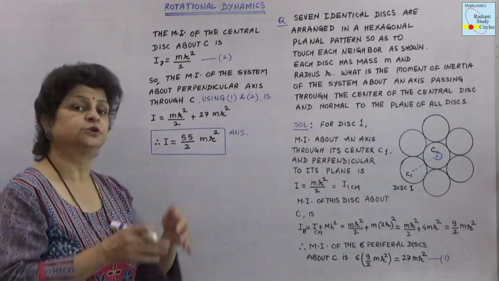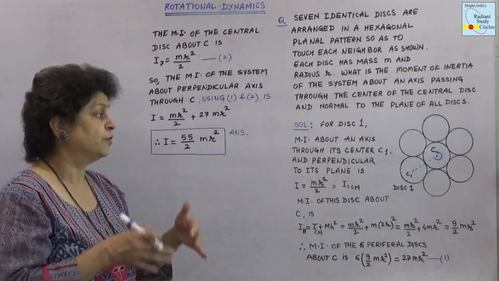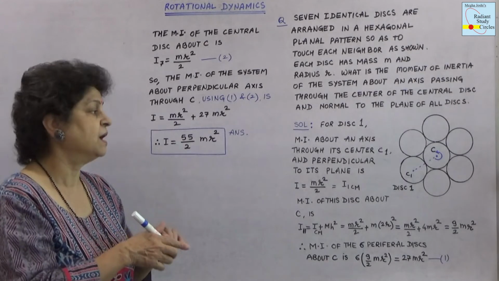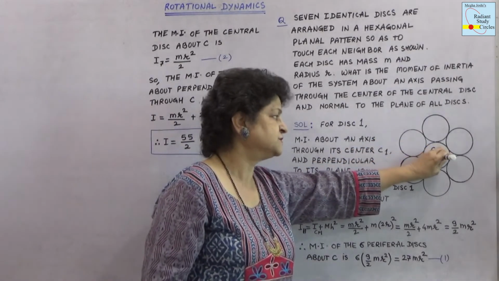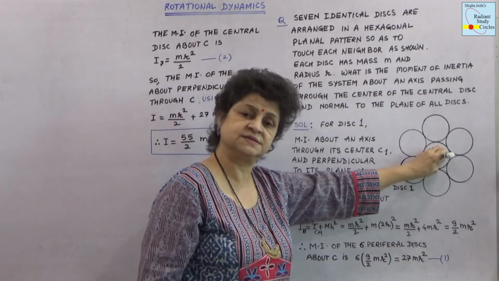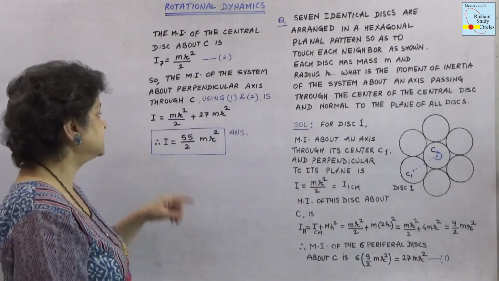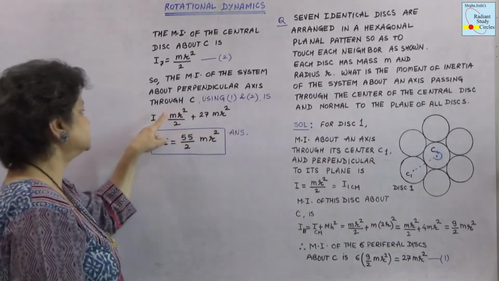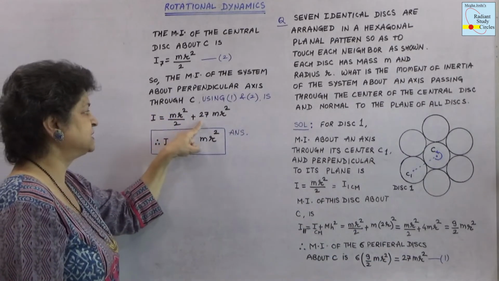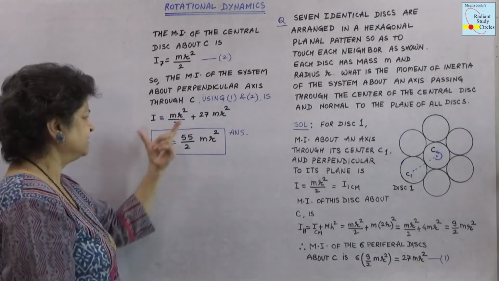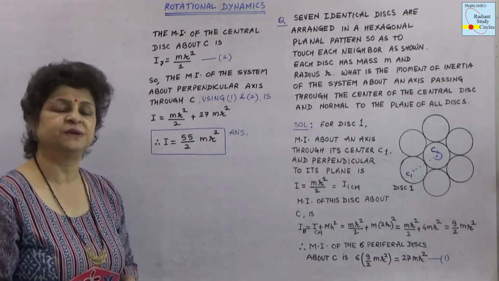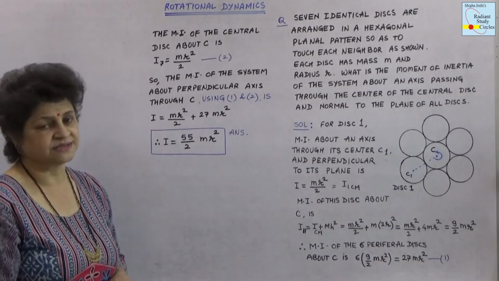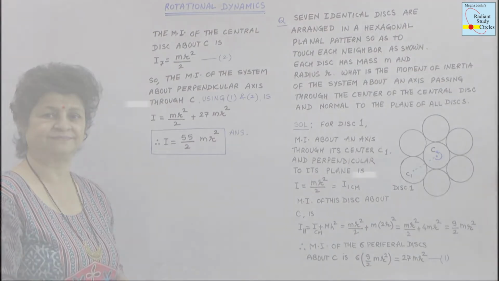And so the total moment of inertia of all the disks together, that is moment of inertia of the system about an axis which is perpendicular to the plane of the system and passing through C, will be equal to this plus this, that is mr square by 2 plus 27 mr square. A very easy calculation gives me I equal to 55 by 2 mr square, and that is the answer for this question.